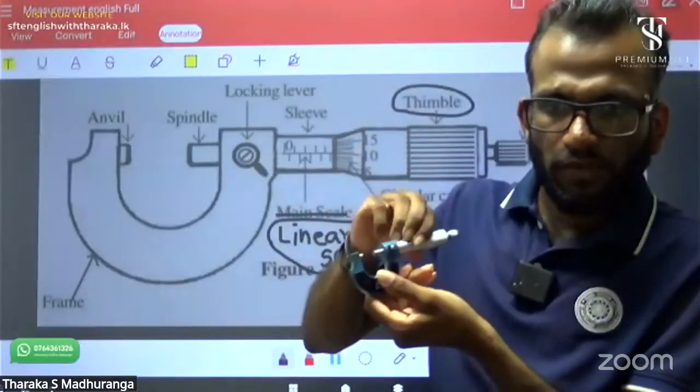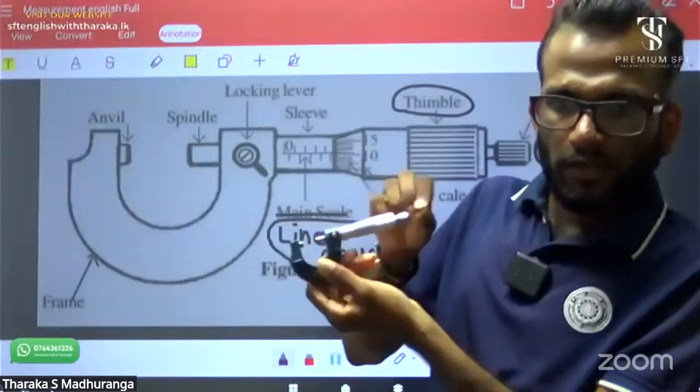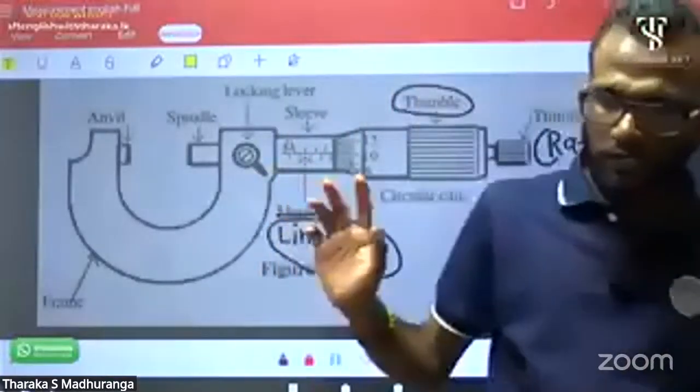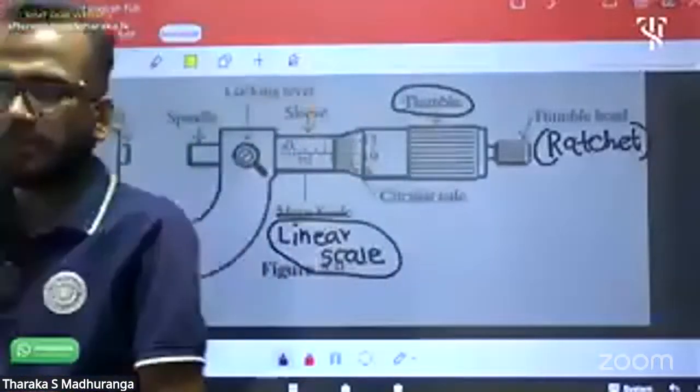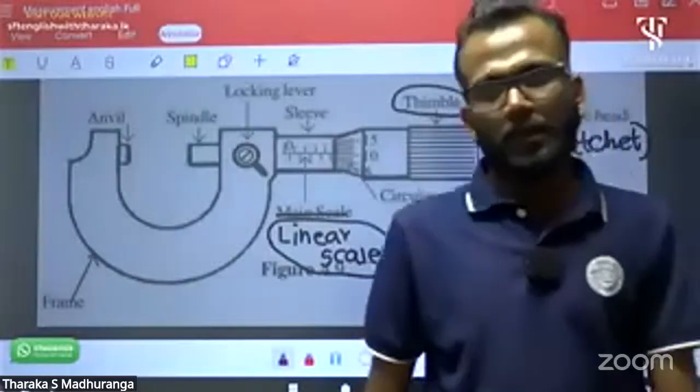Very good. This one? Circular scale. Yes. Final part, thimble head or ratchet. This one? Thimble. Very good. Does everyone remember? Any doubt up to now? Please ask me.